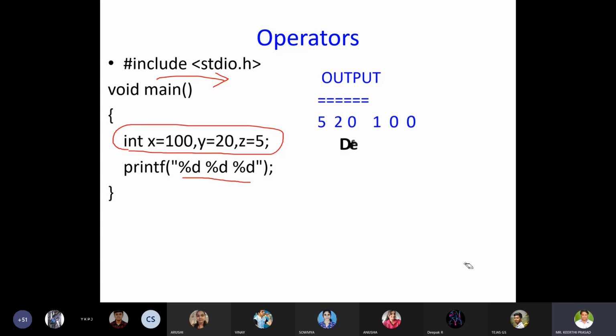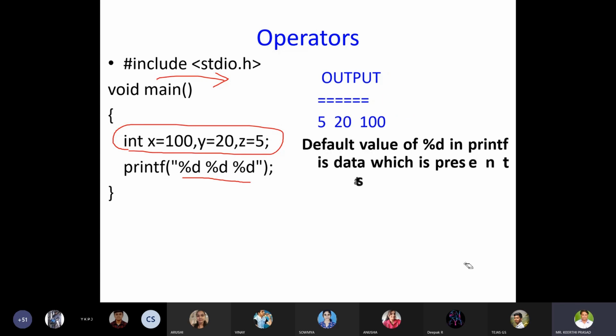Having that knowledge, output is 5, 20, 100. 5, 20, 100. So somebody is making noise.